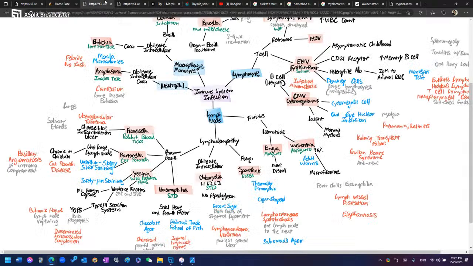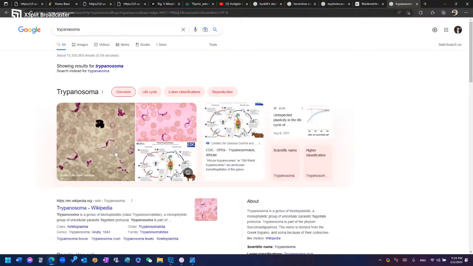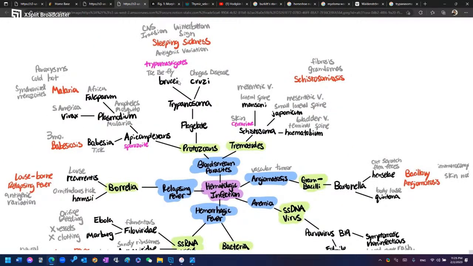Okay. Either by the fly or the Chagas disease, but they can cause sleeping sickness. Why? Because they invade the central nervous system. Apparently, these nasty little worms can get past the blood-brain barrier and get to the brain, so that's pretty bad.